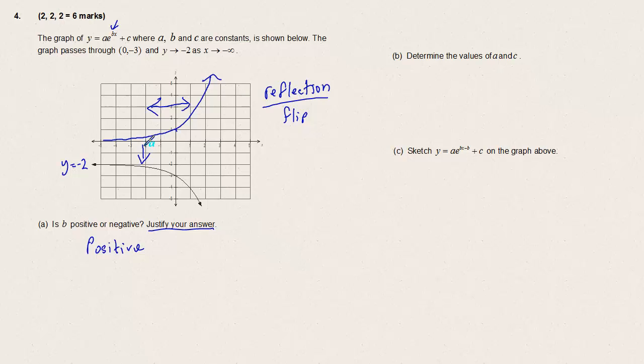Note I use the word translated, not the word moved. So the value of c is, if we look where that is, -2, because it's moved 2 units down, translated 2 units down compared to the standard graph.